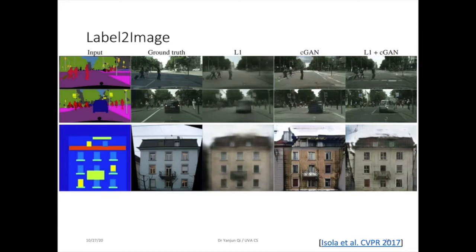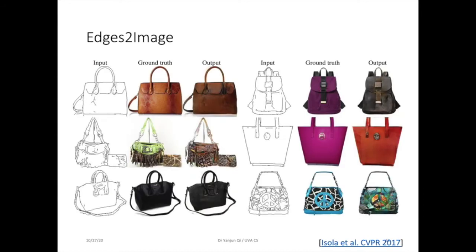And can you use that to generate very realistic images? For example, pedestrians passing the street, or building generation. This is actually already old, a 2017 CVPR paper. The current label to image generation is much more promising and looks better than this.